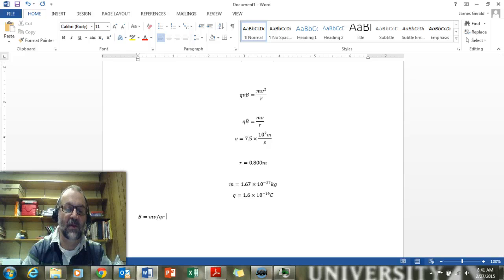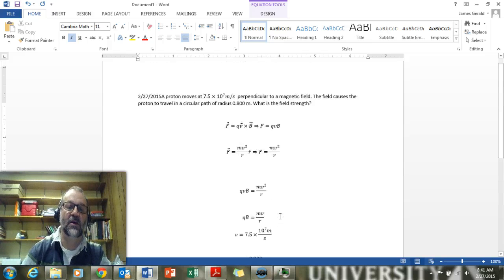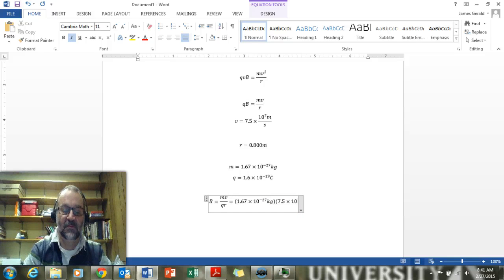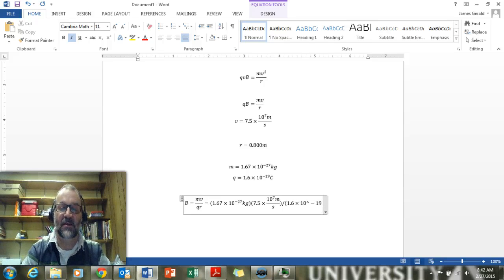So now this is 1.67 times 10 to the minus 27 kilograms times the velocity, 7.5 times 10 to the 7th meters per second, divided by the charge, 1.6 times 10 to the minus 19th coulombs, and the radius, which is 0.8 meters.